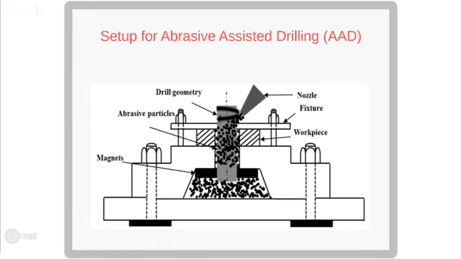Right, during the rotation, centrifugal force is imparted, and because of this centrifugal force, the silicon carbide particles impinge on the whole surface, which further increases the surface finish.